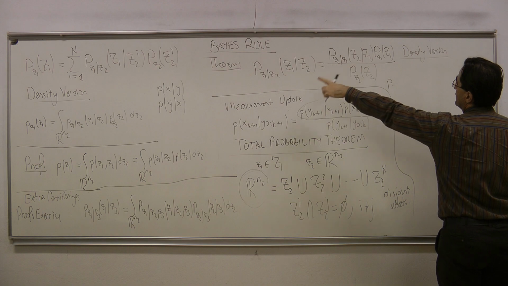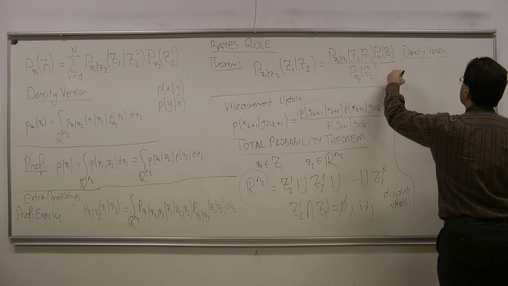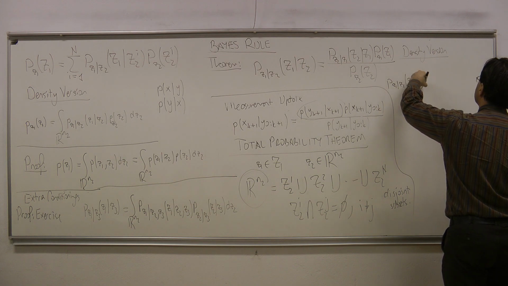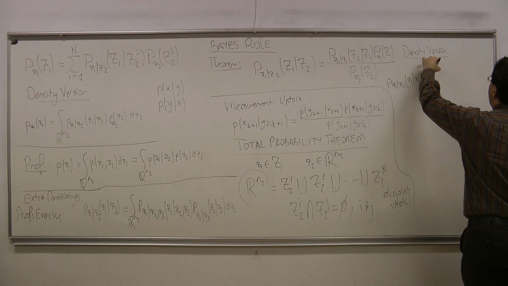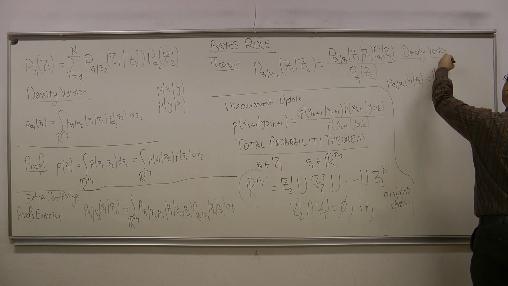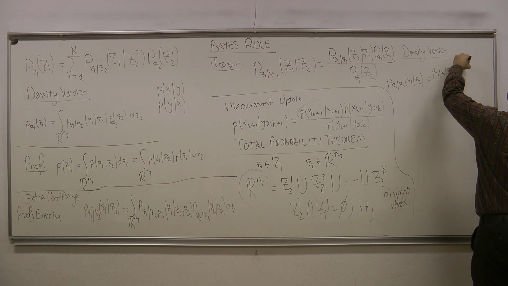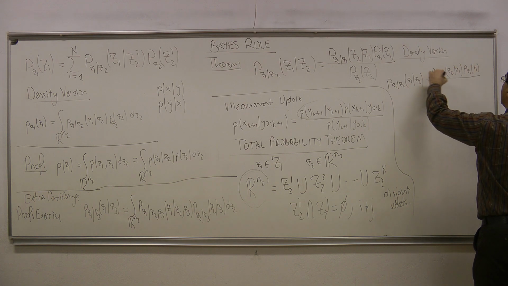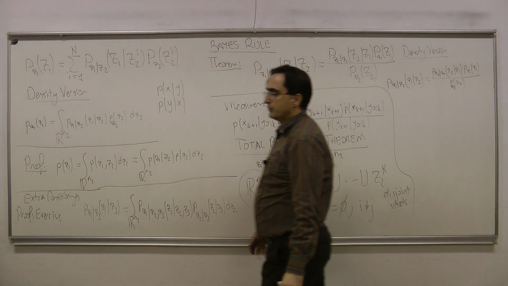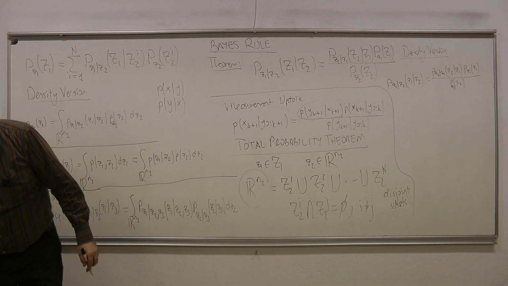These are now densities, not probabilities anymore. p(z1 given z2) is equal to the density p(z2 given z1), times p(z1), divided by p(z2), the marginal distribution of Z2. Okay?